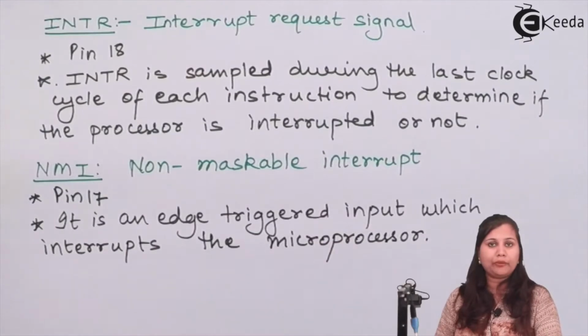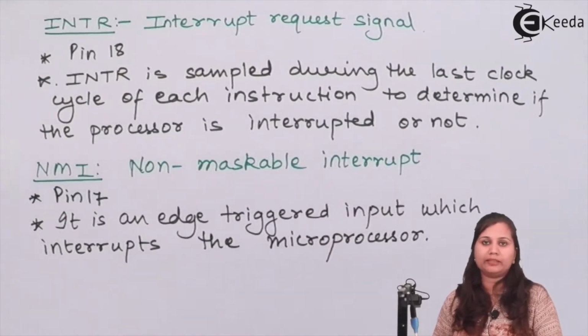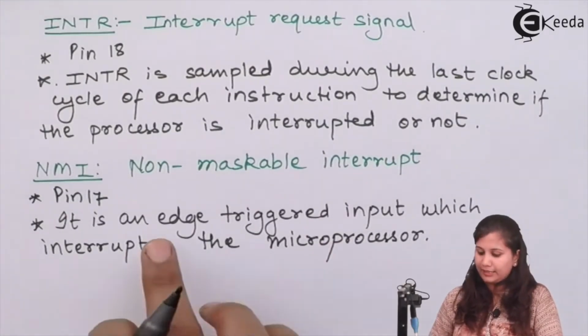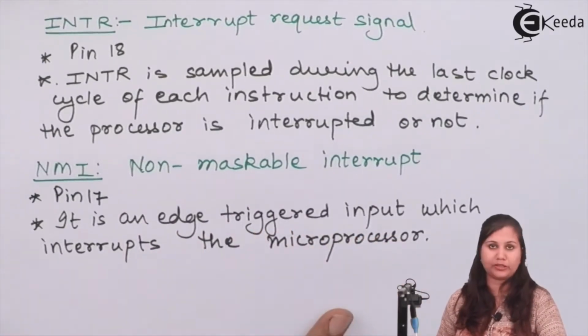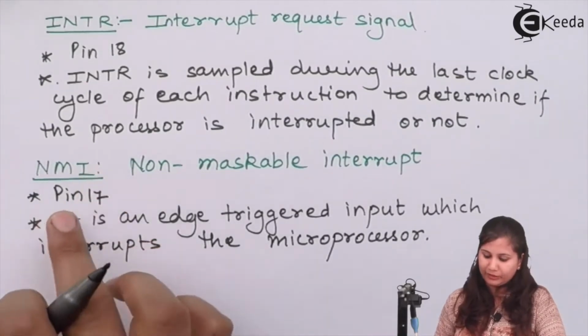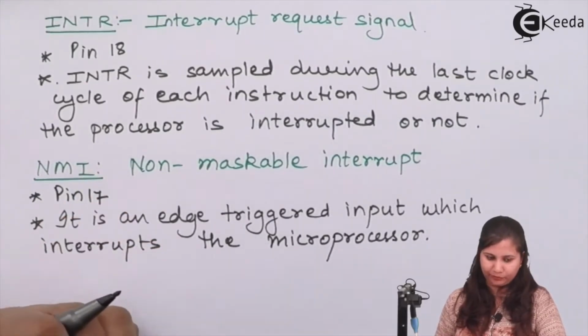This is a type of interrupt which cannot be masked by the microprocessor, and it is an edge triggered input which interrupts the microprocessor. Okay, and it is available at pin number 17.